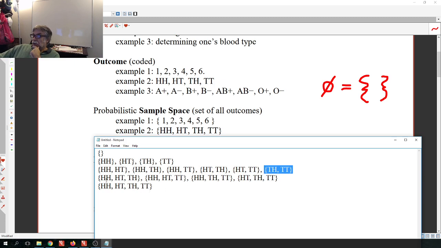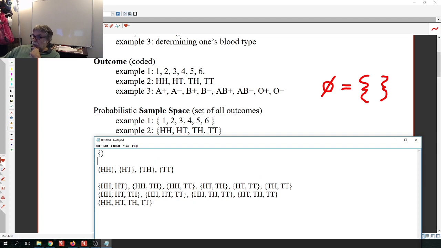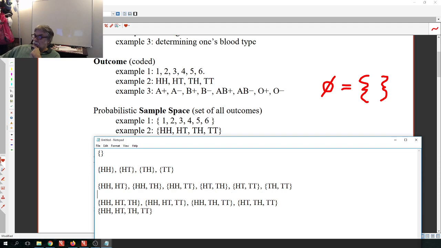Okay. Then, so you can see a little better here. It's an empty set, singletons, then 2 out of 4, and then I could have 3 out of 4. Now in the first one I was throwing out TT, so I took everything but TT out of the sample space.